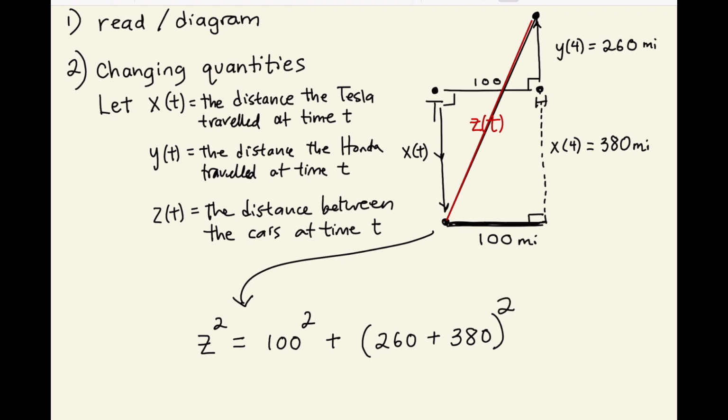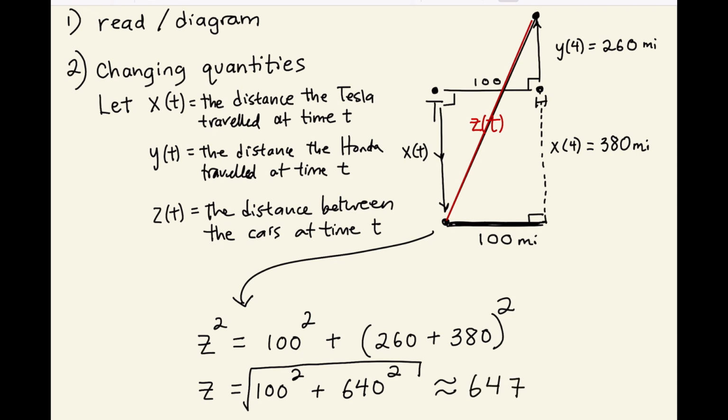And we know that, therefore, z is equal to the square root of 100 squared plus 640 squared. Okay, and that is approximately 647.77. Okay. So the point is we have found an expression for z and an expression for y, an expression for x, so we can finish the problem.